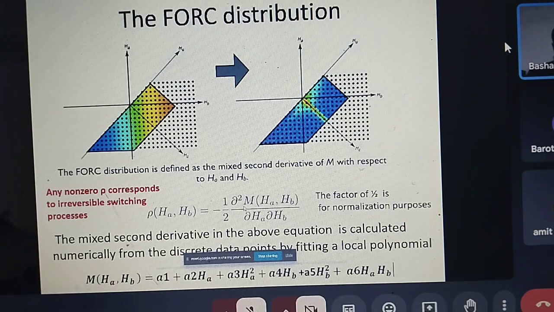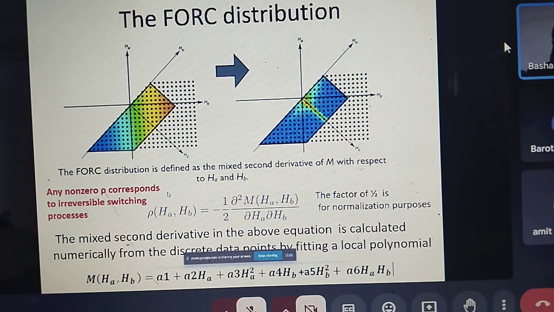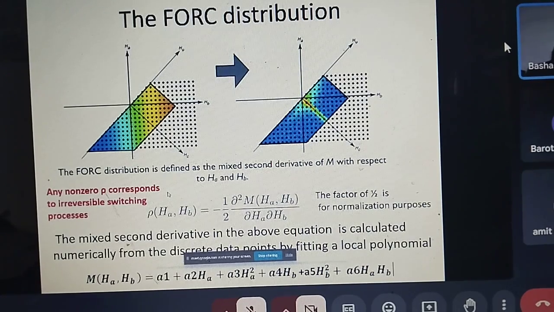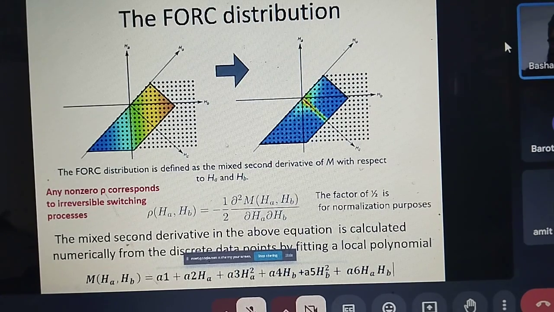So this is our equation, or you can say this gives us the Preisach distribution. The rho is the Preisach distribution. It gives you how the hysterons of your system are behaving and what their position is in the Preisach plane.